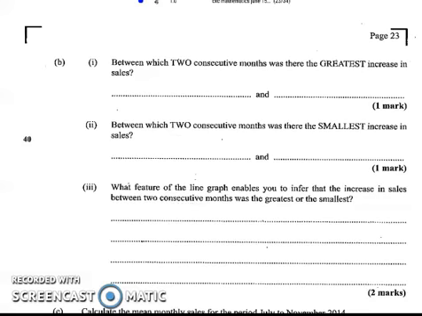In the next page, we're asked, between which 2 consecutive months was there the greatest increase in sales? If you remember, the greatest increase occurred between August and September, where the increase was $16,000. So the answer here is August and September.